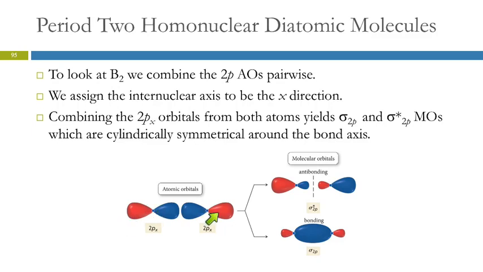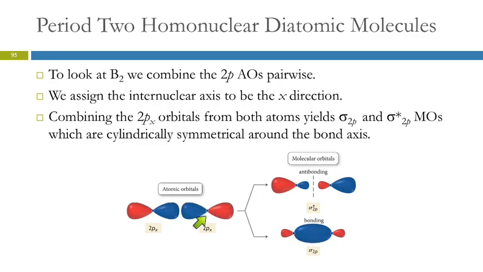We can put these two together just like we did the s, where we're adding, getting constructive interference, or subtracting, getting destructive interference. When we put these two together so that these lobes have the same phase, they constructively interfere, and so we get this big bulgy lobe here between the nuclei, and that's going to promote bonding.